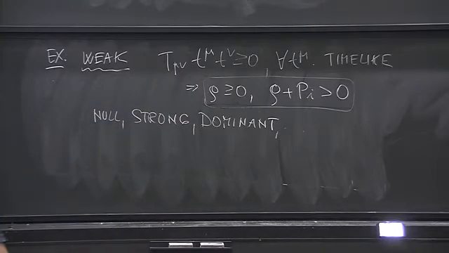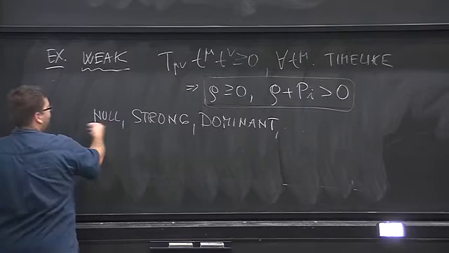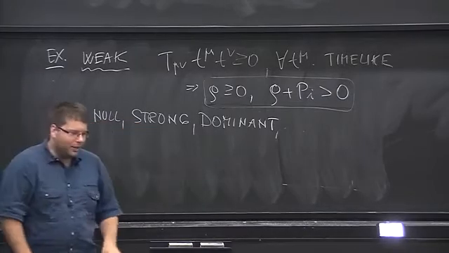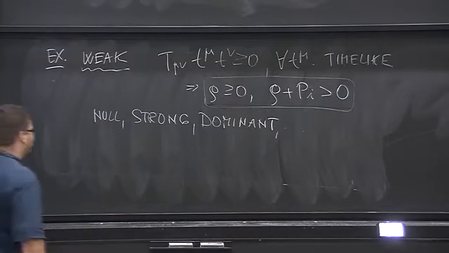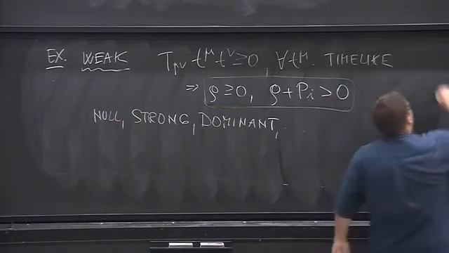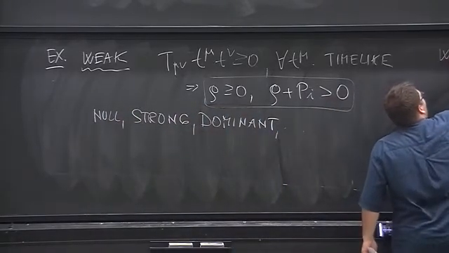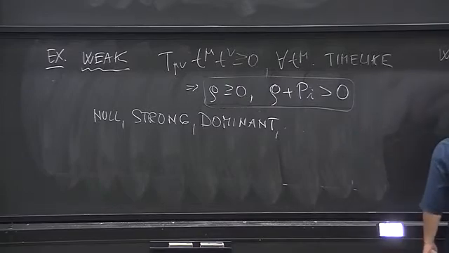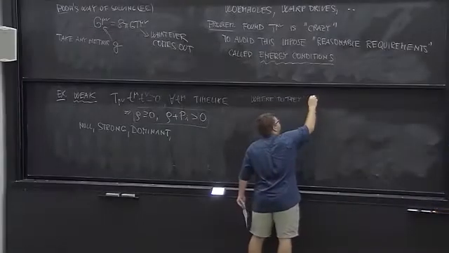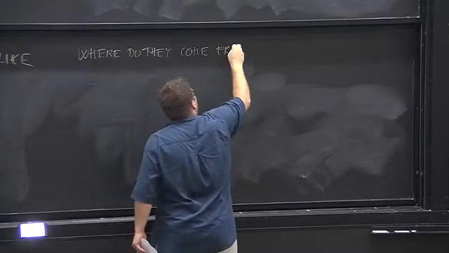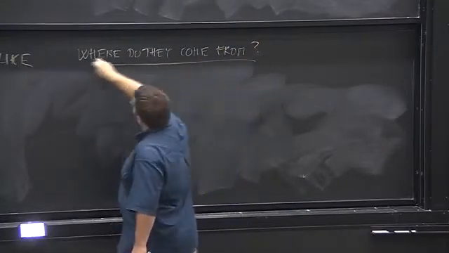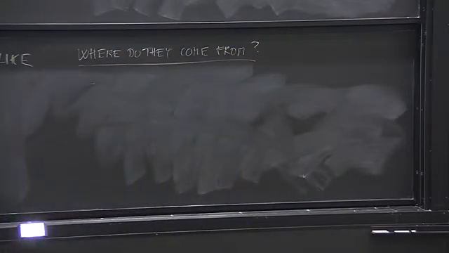Okay. So anyway, I have all these possibilities: the weak, null, strong, dominant, and many more. So then the question is, where do they come from? Is there any fundamental principle telling me I have to have these energy conditions? Okay, so now you may start probing. These are some conditions on the matter.